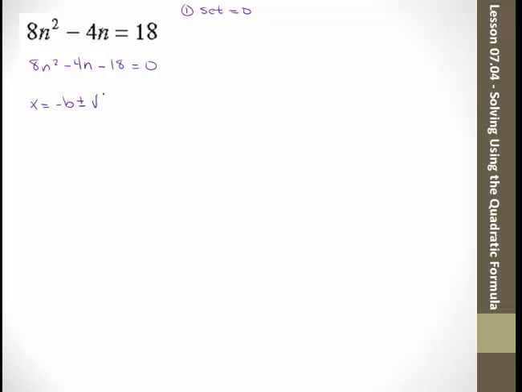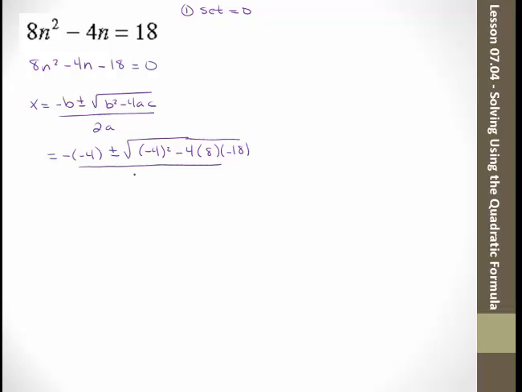So I have negative 4 plus or minus the square root of negative 4 squared minus 4 times a times c all over 2 times a.